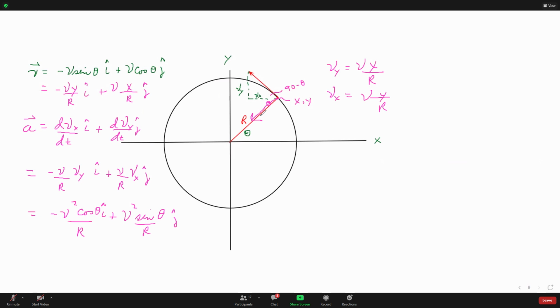Therefore, the acceleration only has a perpendicular component, and the direction perpendicular to the motion at every point is towards the center. So this is called centripetal acceleration. And centripetal acceleration does not change the speed, but changes the direction.